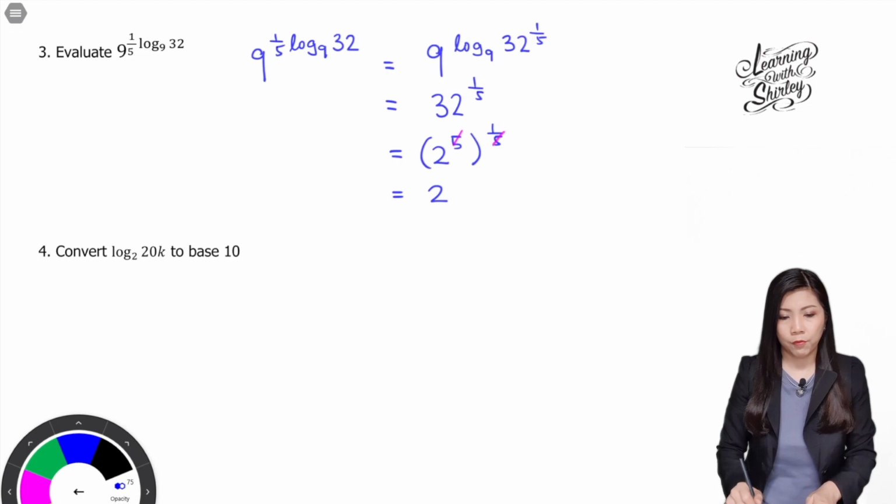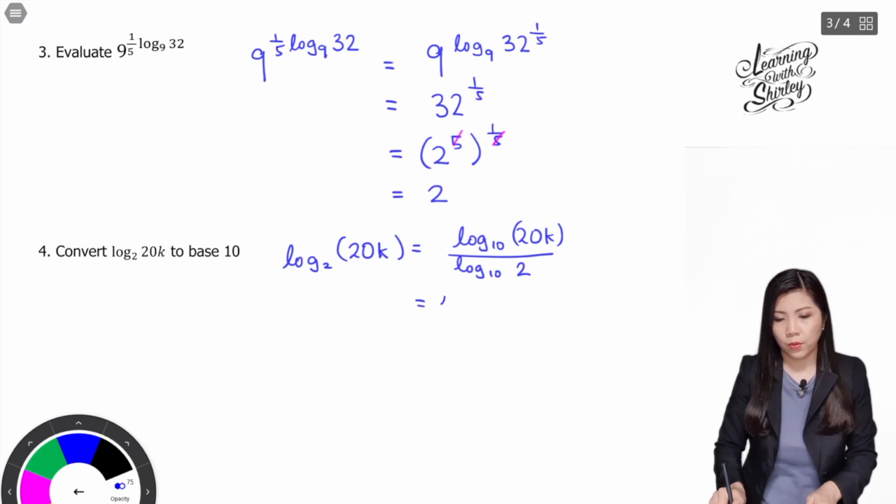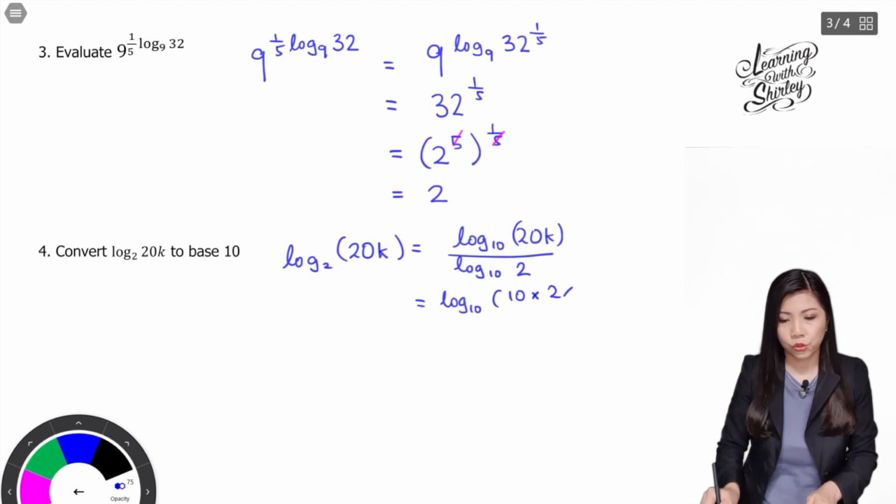Next, number 4: convert log base 2 of 20k to base 10. I'm going to write down the question again, which is log base 2 of 20k. It equals log base 10 on top and log base 10 at the bottom, where on top is 20k and at the bottom is 2. So equals log, we're going to separate this into 10 times 2 times k, over log 2.